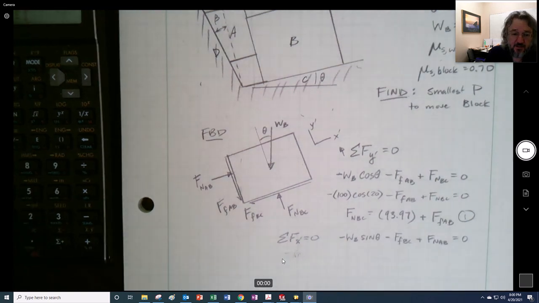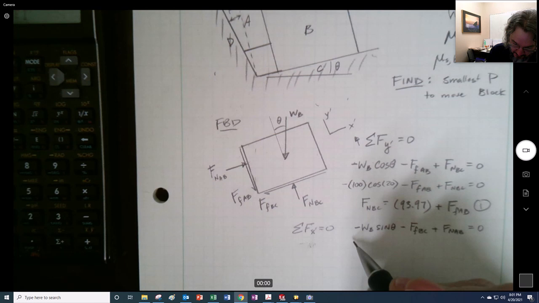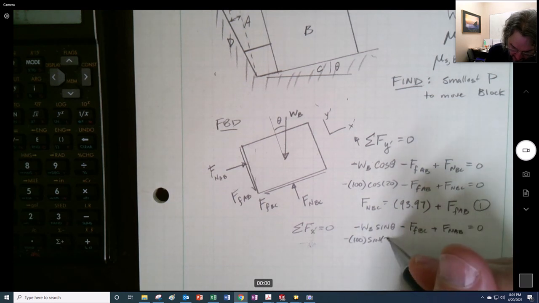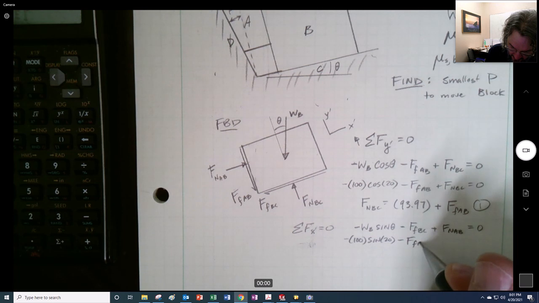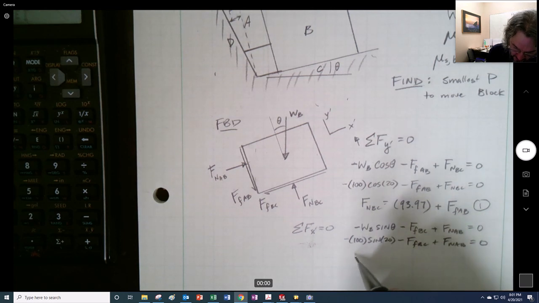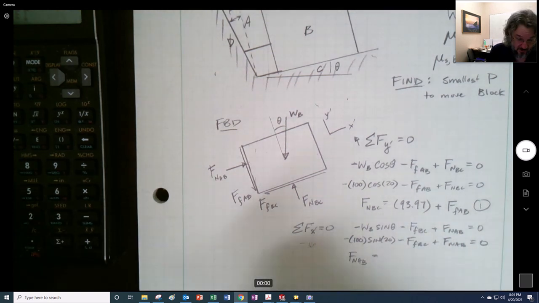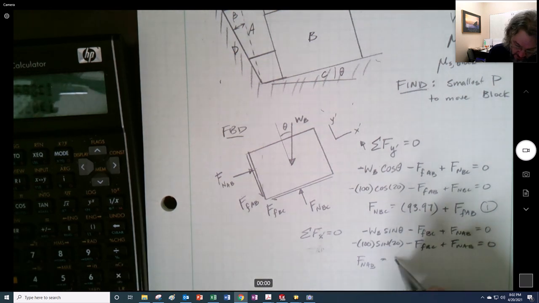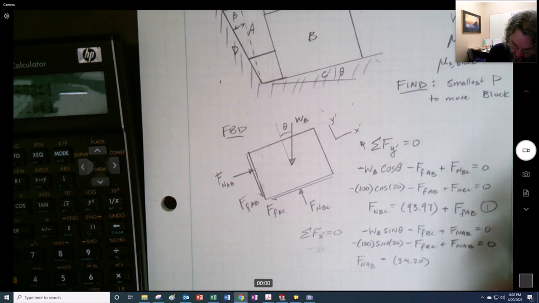Shove some numbers in here: 100 sine of 20 minus F FBC plus F NAB equals 0, and we end up with F NAB equal to 34.20 plus F FBC.